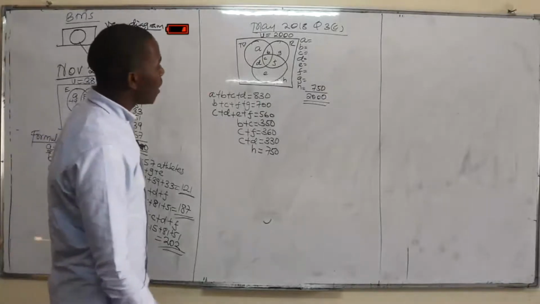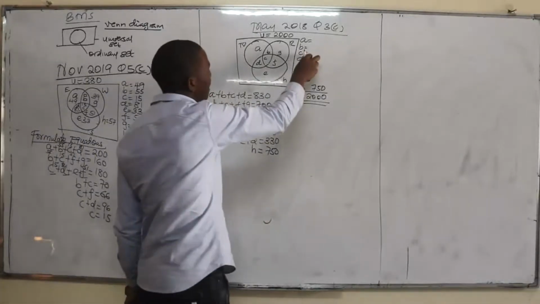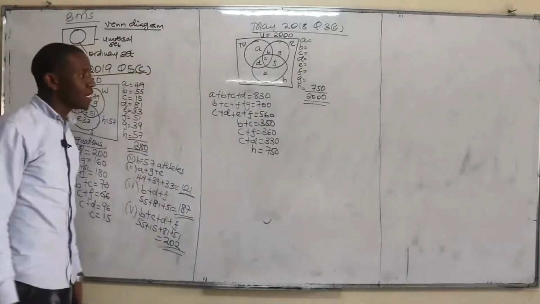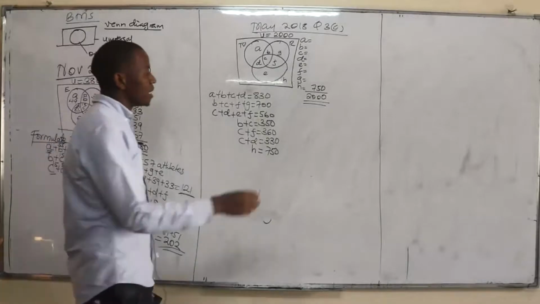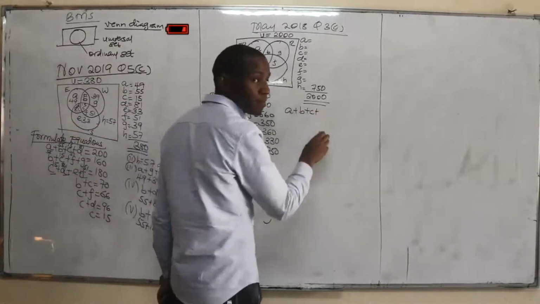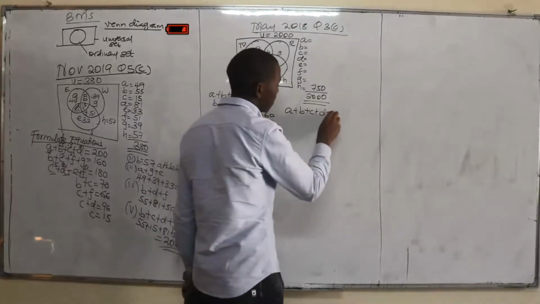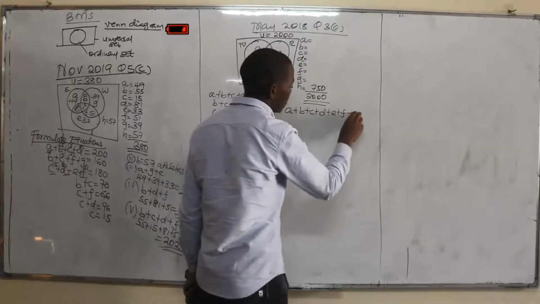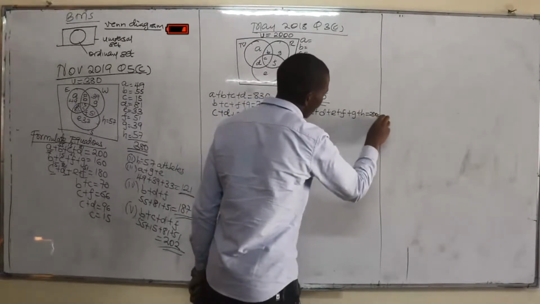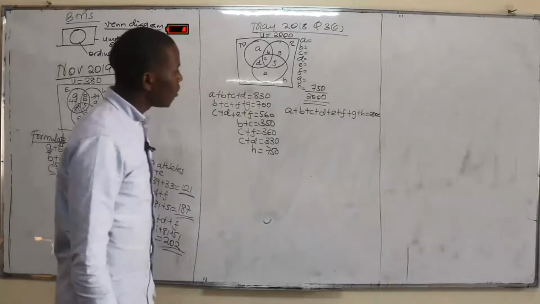Now when you are not given C, that is all those who took part in the three advertising methods, you have to start by taking the total: A plus B plus C plus D plus E plus F plus G plus H, which should give you 2,000, the total amount.